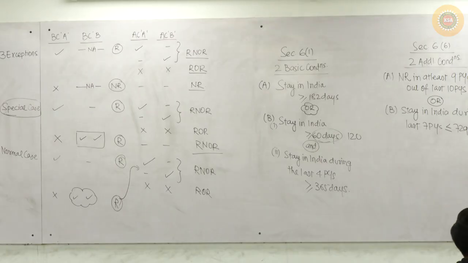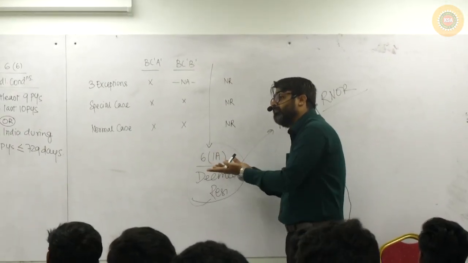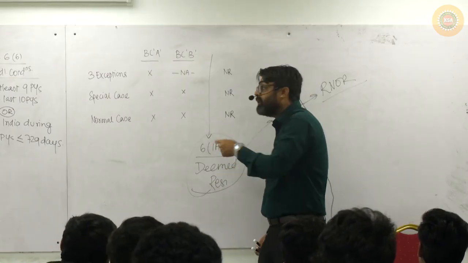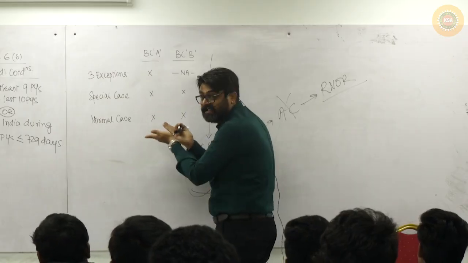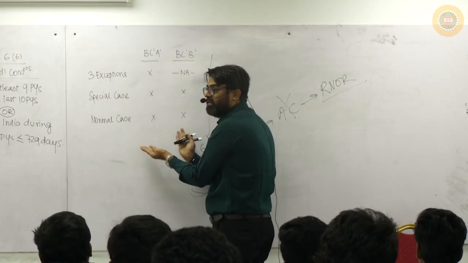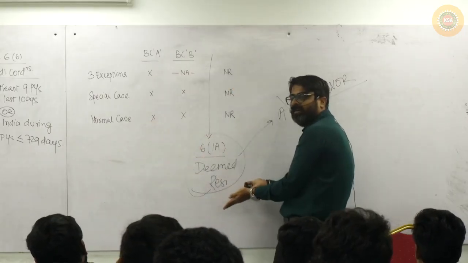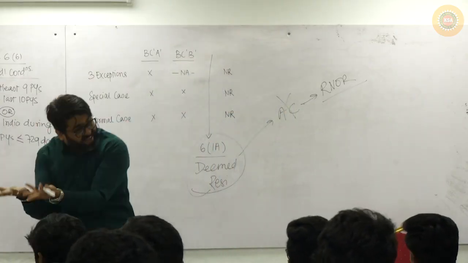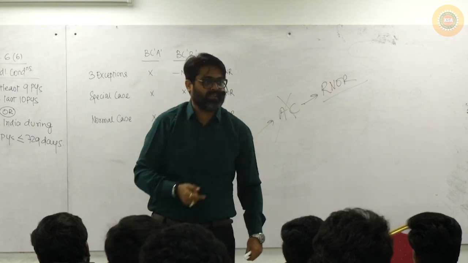Now, sir, when a person is covered by 6(1)(a), when will we call him a deemed resident? In order to become a deemed resident, first of all, you are not becoming a resident. If you are becoming a resident by satisfying the simple conditions, then there is no need to deem you. You are becoming a resident by satisfying any of the basic conditions. But only if you are not satisfying the basic conditions is there a requirement to deem you a resident.